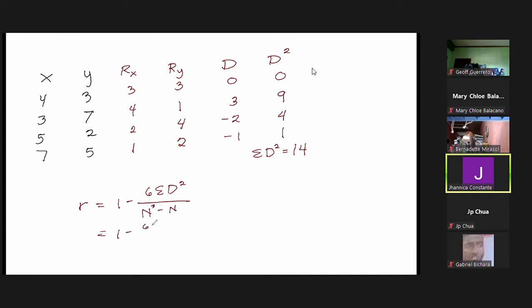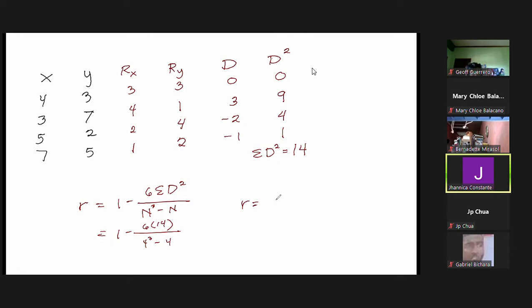So 1 minus 6 times the summation of d squared, which is equal to 14, and we have 4 cases, so 4 cubed minus 4.